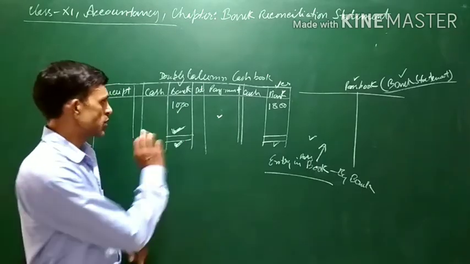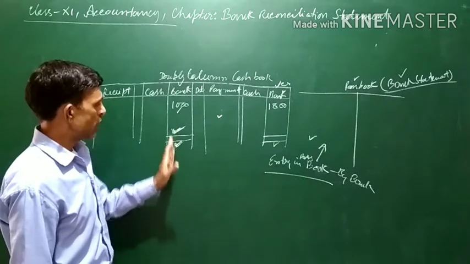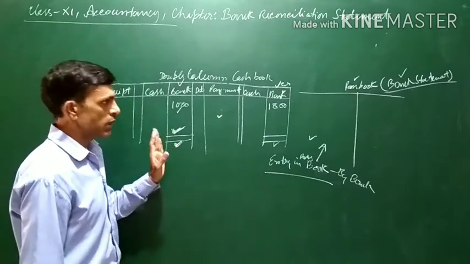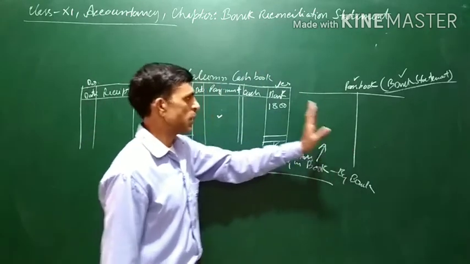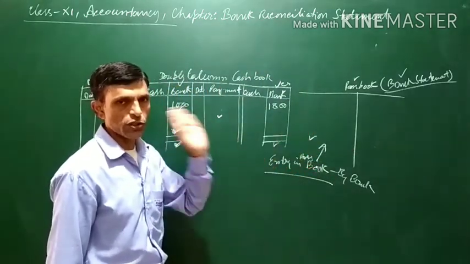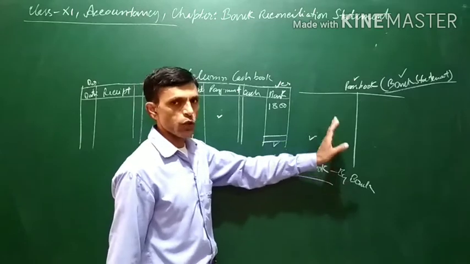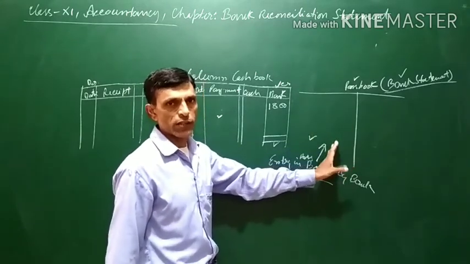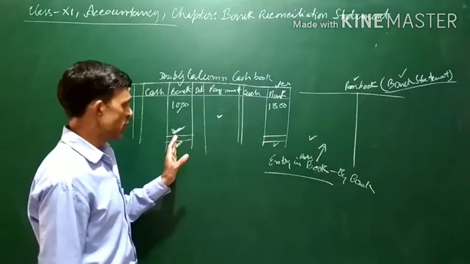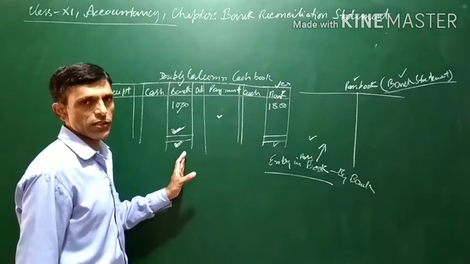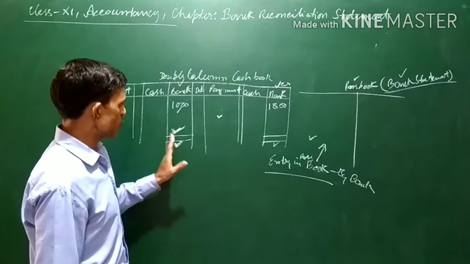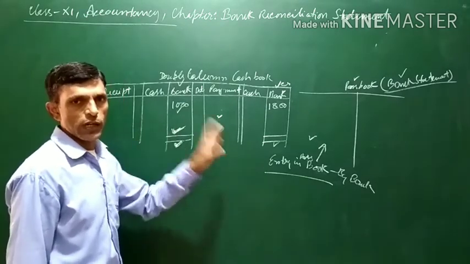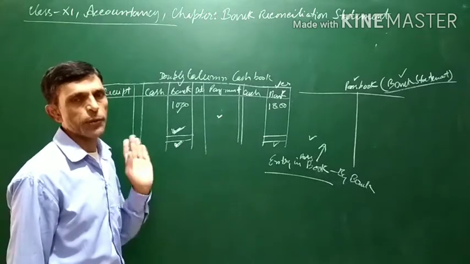Whenever we make a banking transaction through cheque, the bank also makes an entry in its record. The record by the bank and the record maintained by us in the bank column of the double column cash book differ. Sometimes it may be equal, sometimes it may differ.